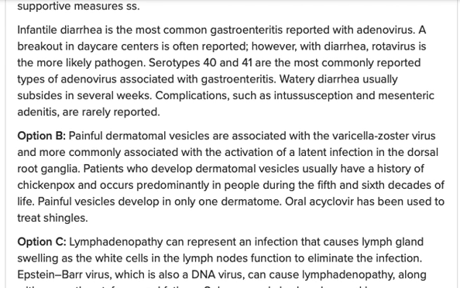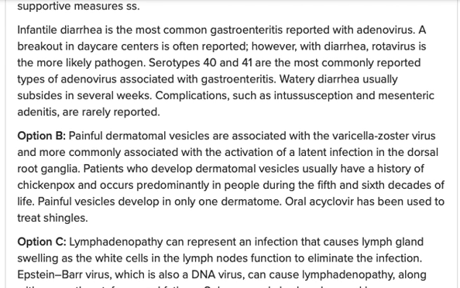Infantile diarrhea is the most common gastroenteritis reported with adenovirus. A breakout in daycare centers is often reported. However, with diarrhea, rotavirus is the most likely pathogen.